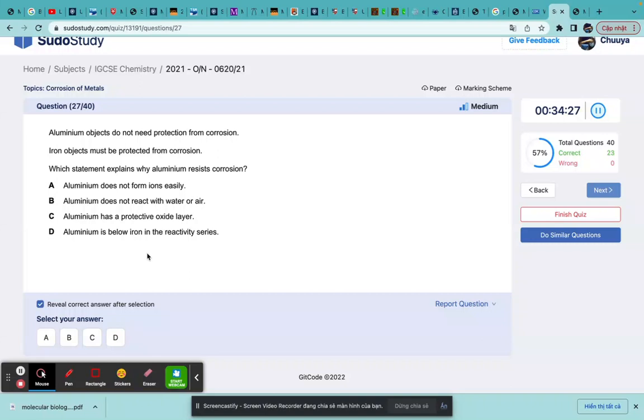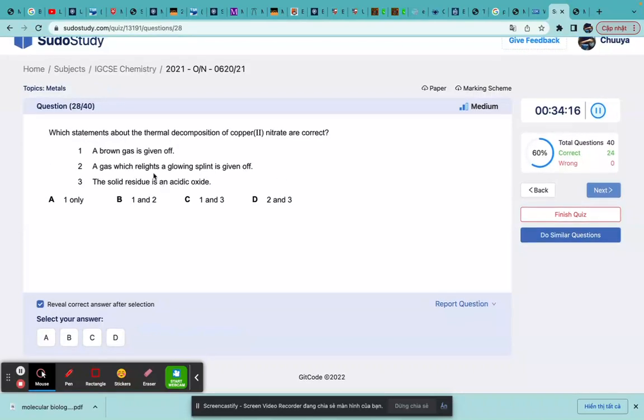Aluminium does not need reduction or corrosion. It has a protective oxide layer. Decomposition of Cu.